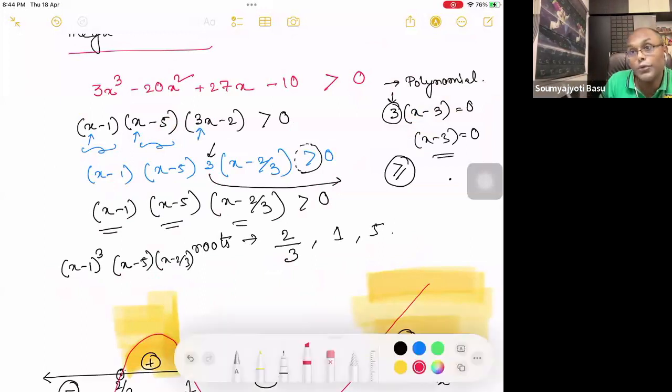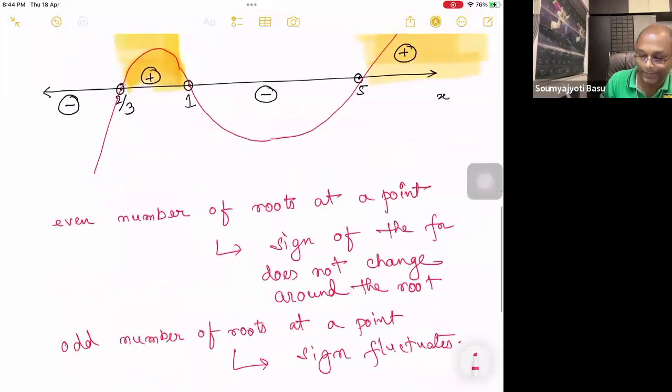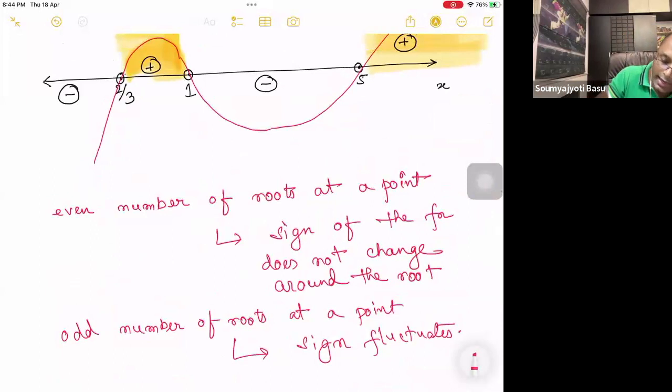Okay. How to write the solution? So what do I get? X must be greater than 2/3, less than 1. This zone, right? Why is it greater than 2/3, less than 1, and not greater than equal to 2/3 or less than equal to 1?